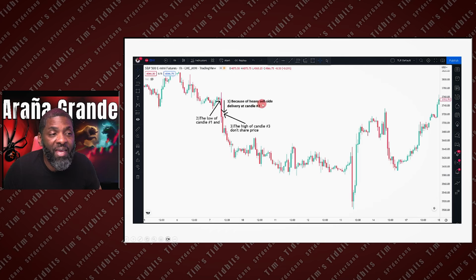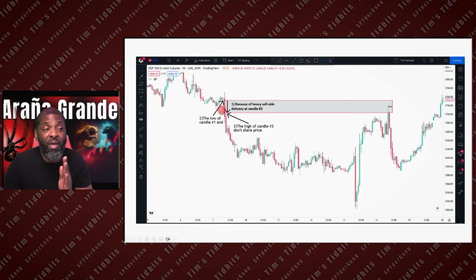Because the heavy sell side delivery at candle 2 caused the low of candle 1 and the high of candle 3 to not share price. So the space in between the low of candle 1 and the high of candle 3 inside the body of candle 2 yields you a bearish fair value gap.